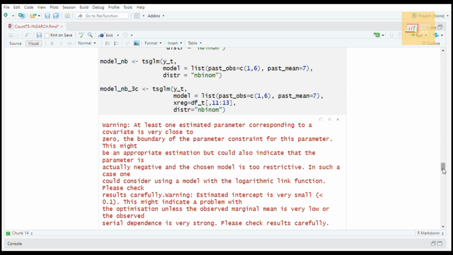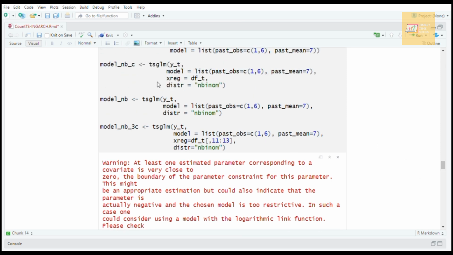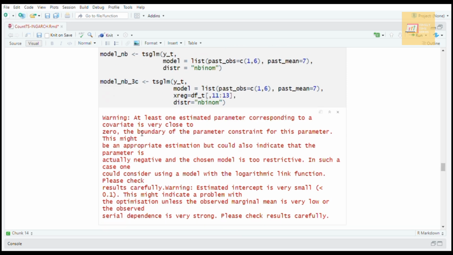Since we include some models with covariates like model NBC and model NB3C, we get some warning messages again. One warning message is about the parameter for the covariate is near 0, and the other warning message is about the estimated intercept that is very small.